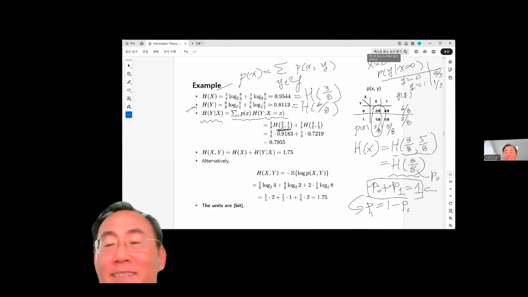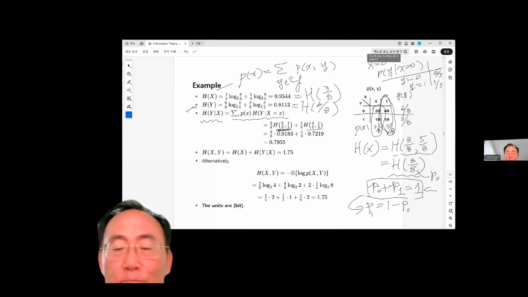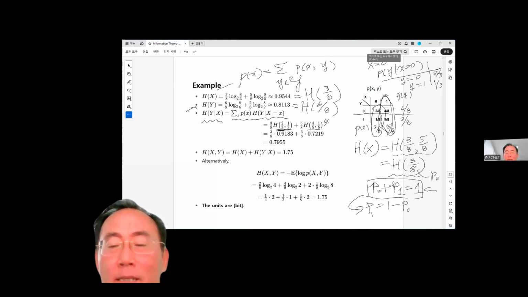And then when x is equal to 1, now you have to do it with this part. That is nothing but 4/5, 1/5, entropy of that. So that is the x is equal to 1 case, and that is the x is equal to 0 case.